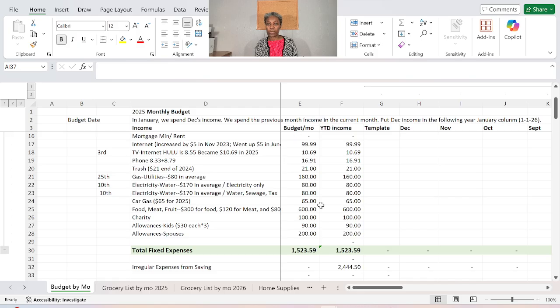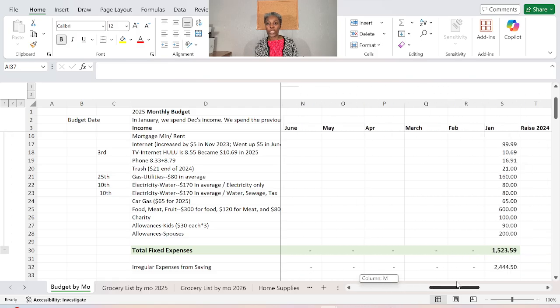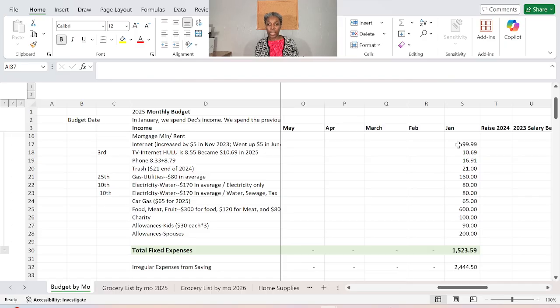Next time I check our checking account, for the bills that he pays, like utility bills, I will replace the estimated budget with the actual cost. But for the time being, I will have my budget there.